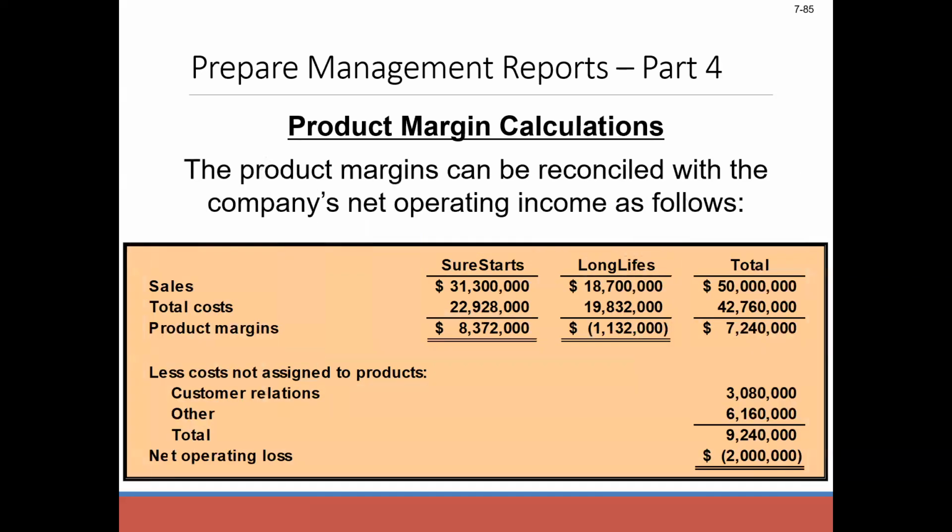Product margins can be reconciled with the company's net operating income by breaking it down in this way. So they've already lost money without even other items that aren't even being assigned to these products.